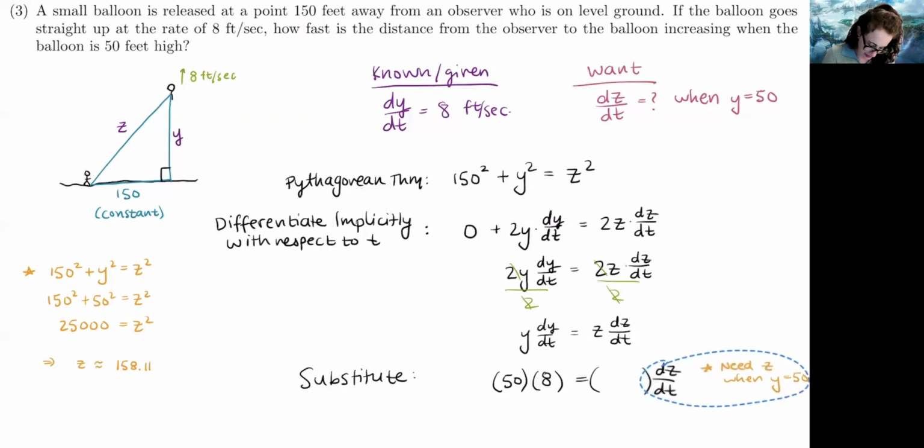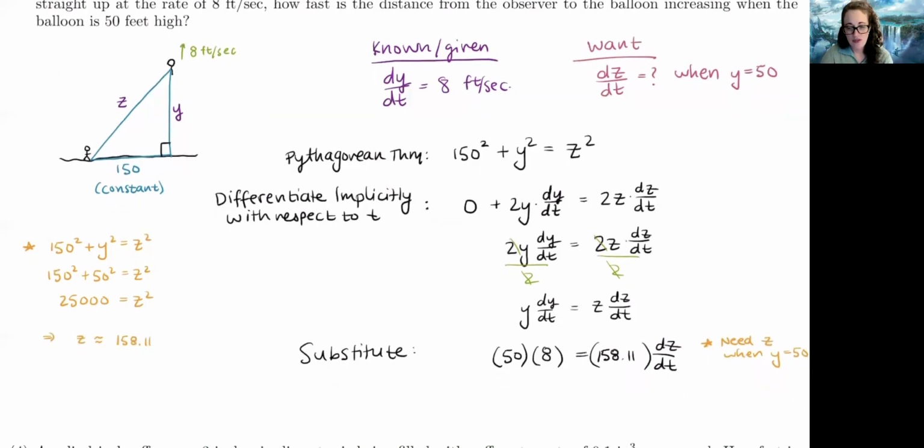So now we can plug that into our equation. All right, so in the end, in order to solve this for dz/dt, we'll just divide both sides by 158.11, or more exactly, the square root of 25,000. Okay, so we'll get, let's see, 50 times 8 is 400. So I'm just solving for dz/dt here.